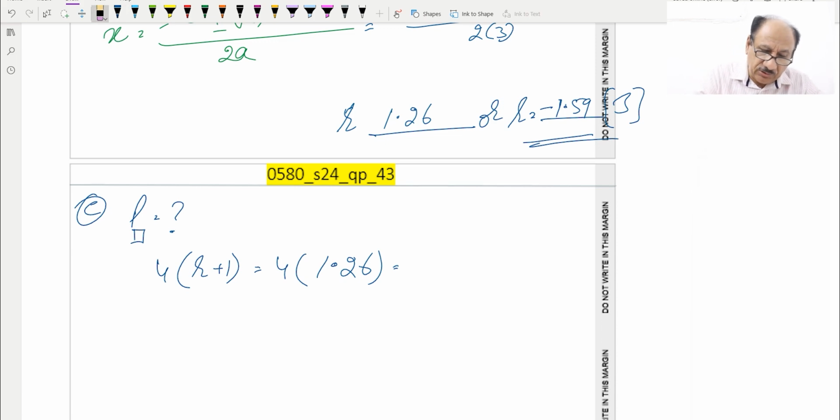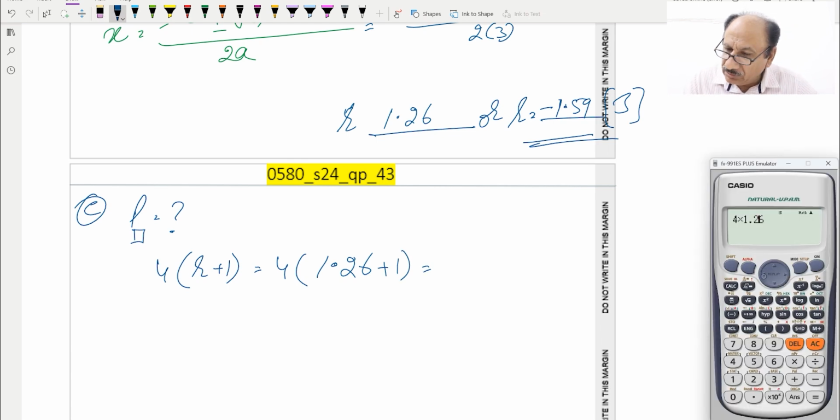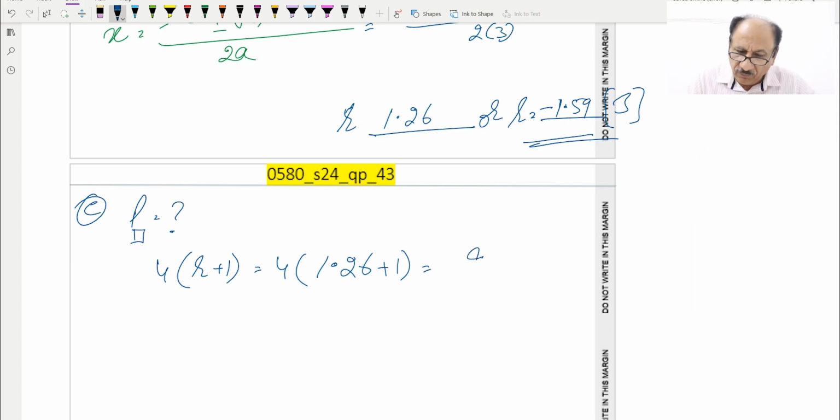Really, it was R plus 1, so we need to put it inside brackets, 4 into R plus 1. So this will be 9.04 centimeters, and this is the 2 marks part, which we have done.